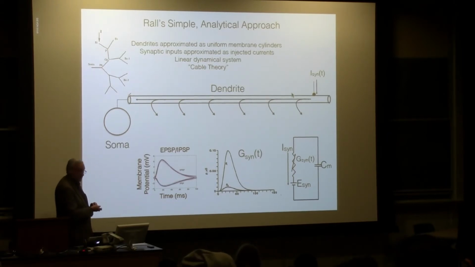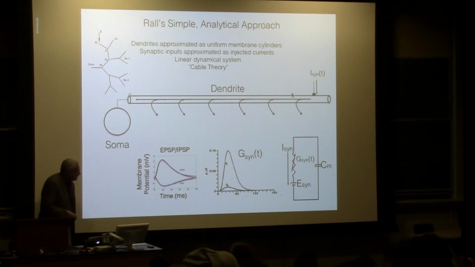Whereas if this reversal potential is greater than the resting potential of the cell, changing its conductance will cause a current to flow into the cell that excites, that depolarizes the membrane potential. That's the fundamental difference. Very good. Your questions helped me work through all of that.